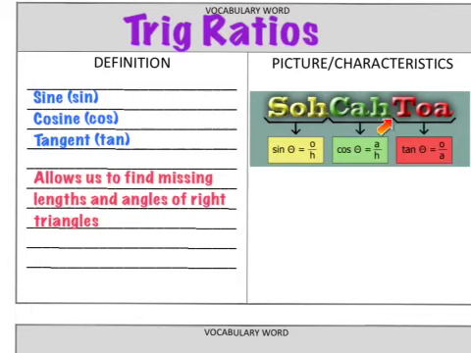So we use SOHCAHTOA to help us remember how to write our trig ratios. If we're asked to find sine of theta, we'll just find the opposite side and put it over the hypotenuse. If you're asked to find tangent of theta, you find the opposite side and put it over the adjacent side. We definitely need to practice this, and we're going to get a lot of practice throughout the next few days and weeks, actually. So you'll become an expert with trig ratios in no time.